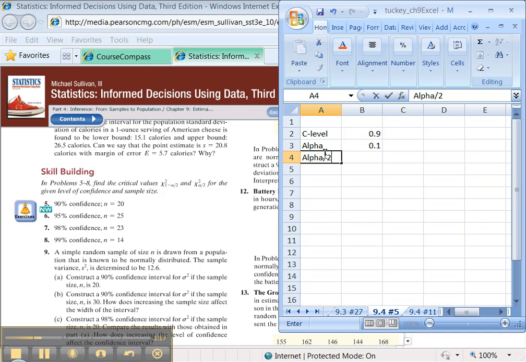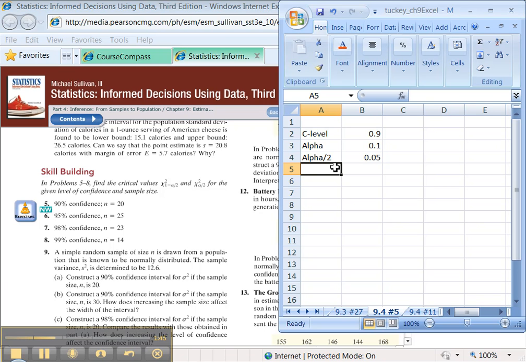Alpha over 2 is equal to that number divided by 2. And I use cell references. I've been using them throughout the tutorials, and that's because, let's say at a later date I want to change this to 99, everything else will change automatically. That's the beautiful thing about using cell references. Okay, so that's alpha over 2.